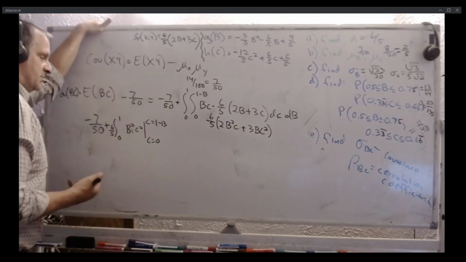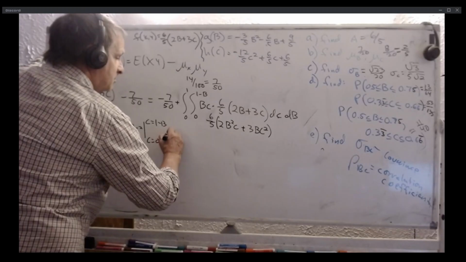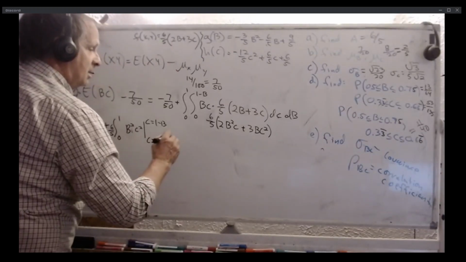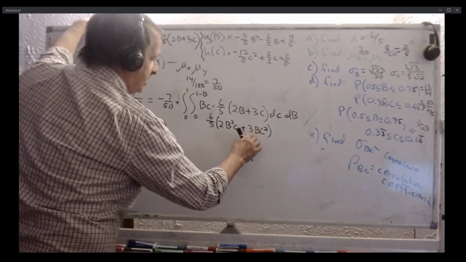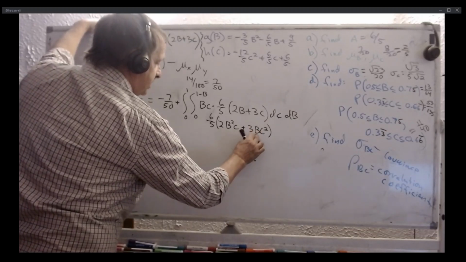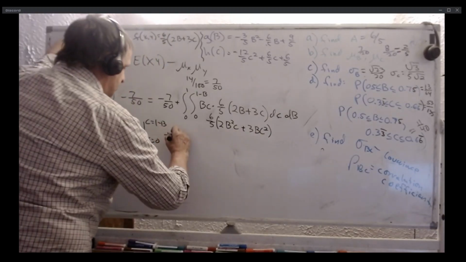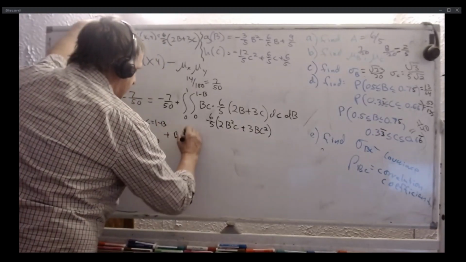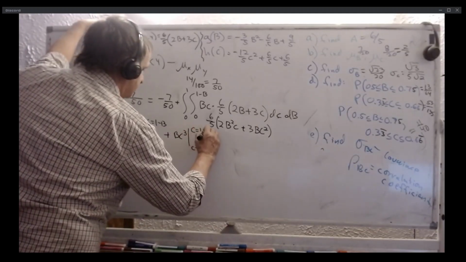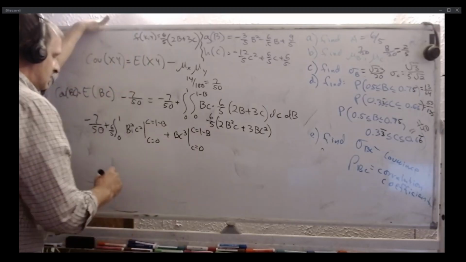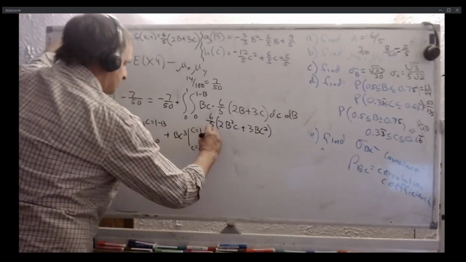Okay, we're going to have a quadratic. That's not horrible. Plus, we're integrating with respect to c, so we have 3b c cubed over 3, so it's just bc cubed evaluated for c equals 0 to c equals 1 minus b. And this is all multiplied by dB.